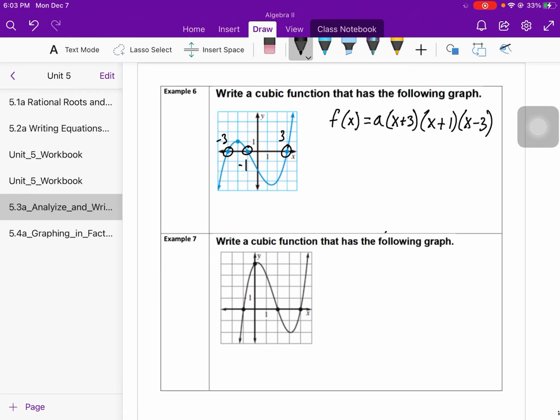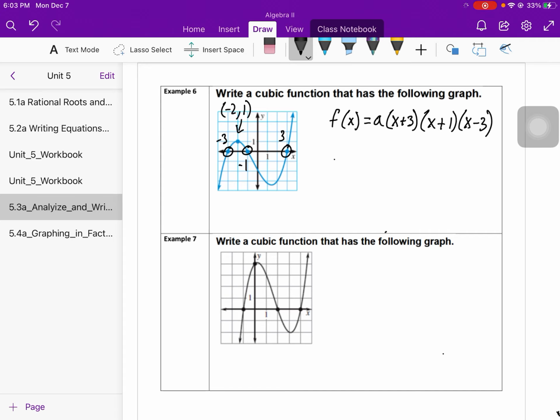To find the a value, what we have to do is use this point right here, because that's the only point that isn't on the x-axis. What we're going to do with that is plug that point in for x and y in what we have so far. So the coordinate right there is -2, 1.